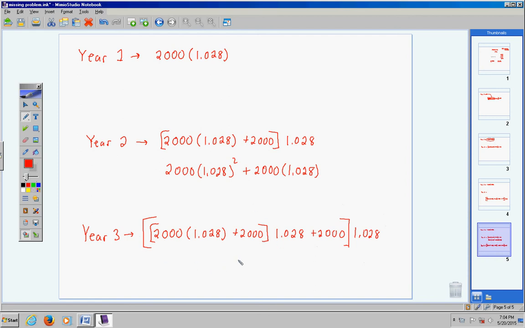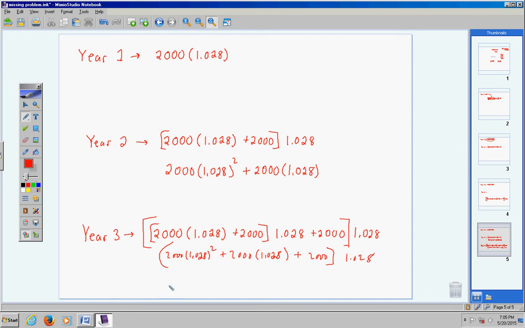Now, let's do some simplifying. If you start on the inside and take this and multiply it through, you would have 2,000 times 1.028 to the second power. This times this would be plus 2,000 times 1.028 plus 2,000. And of course all of this would get multiplied by this right here.